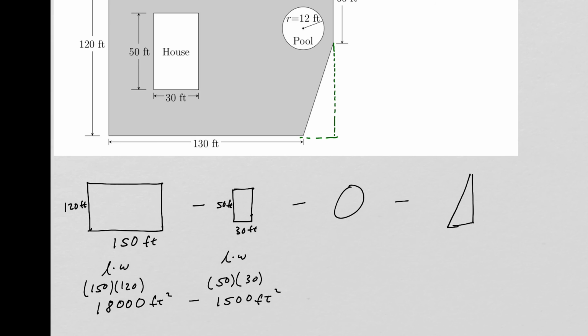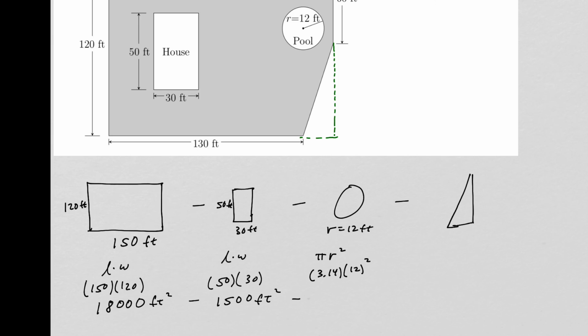Then I have the area of the circle. Well, what's the area of a circle? We know it's pi r squared, right? So in this case, the radius we're told is 12 feet. So if I do pi r squared, that's going to be 3.14 times 12 squared, and I'm subtracting out that area.